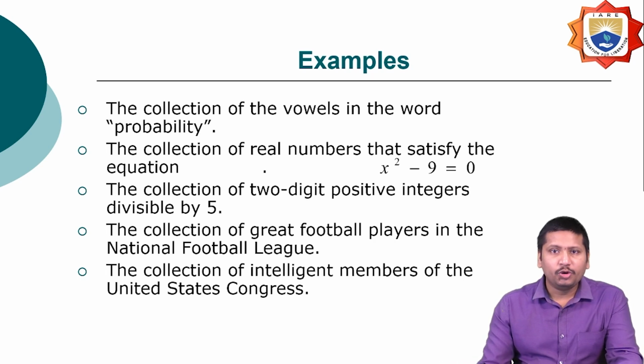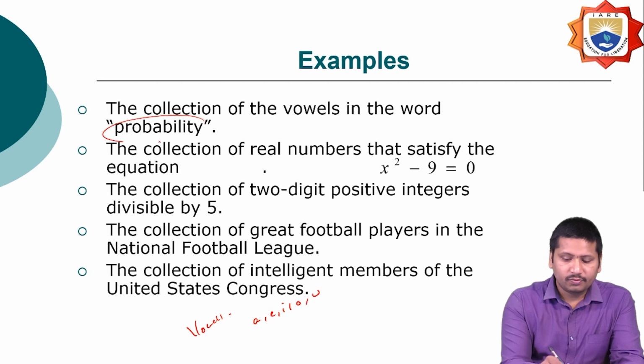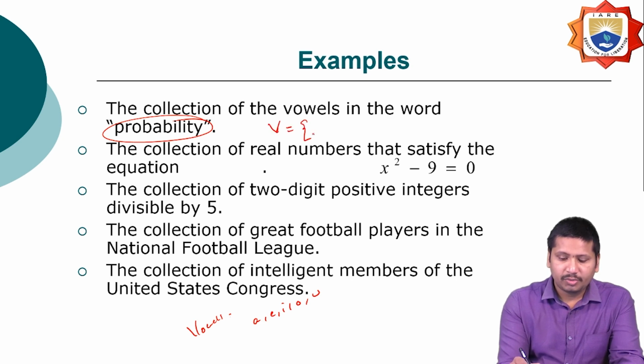If I consider the collection of vowels in the word probability, vowels are A, E, I, O, U. So for this word, what should be the set? Let it be B. The set may be represented in flower brackets.